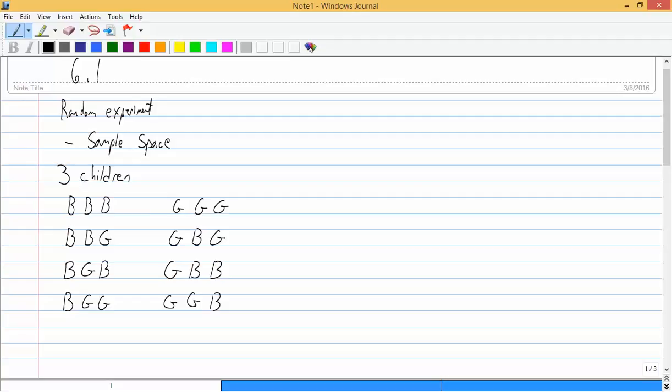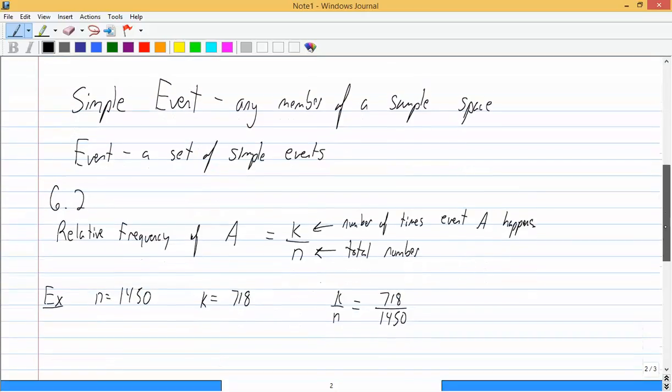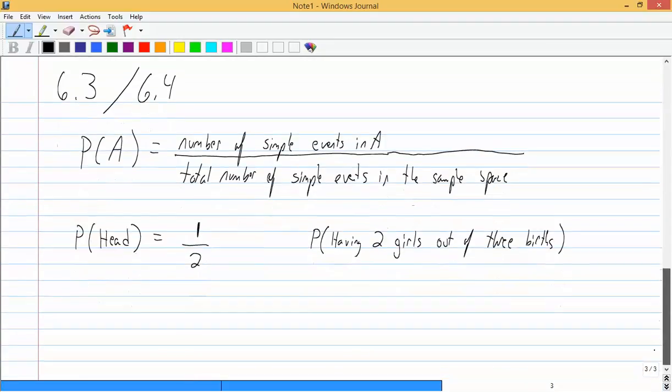There's 8 different outcomes, or 8 different simple events here in my sample space. So that's going to be equal to 3 over 8. So convert that to a decimal. We got a percentage there. Then you can see the probability of having exactly 2 girls out of 3 births.